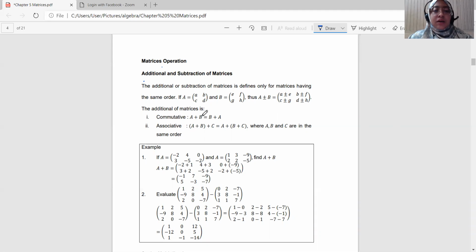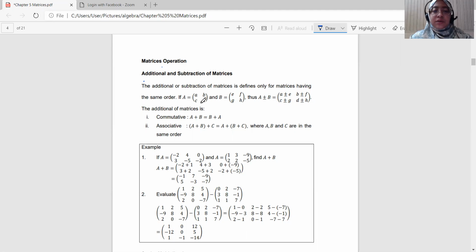In this case we have matrix A and matrix B, which have the same order, 2 times 2, and then we can add the matrices, as shown on the screen.